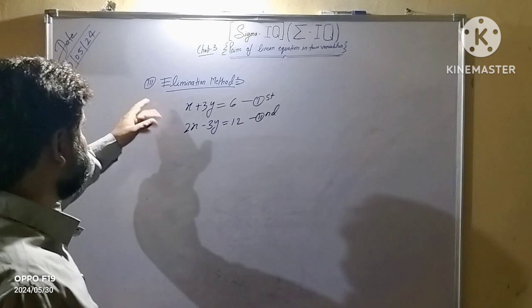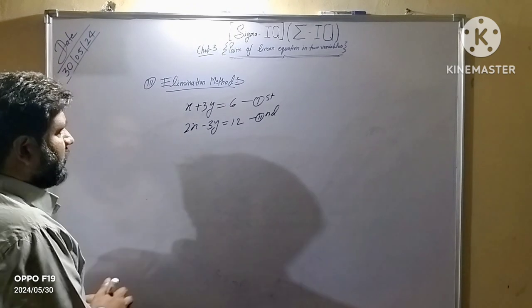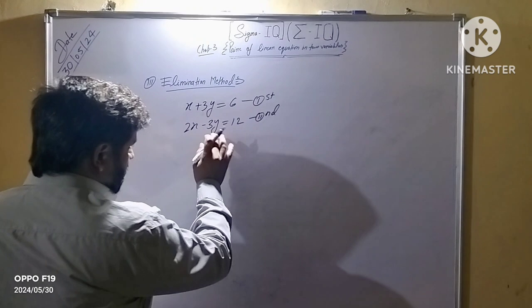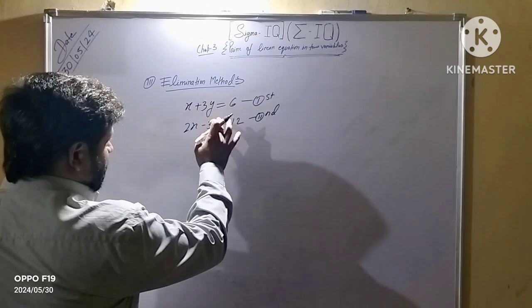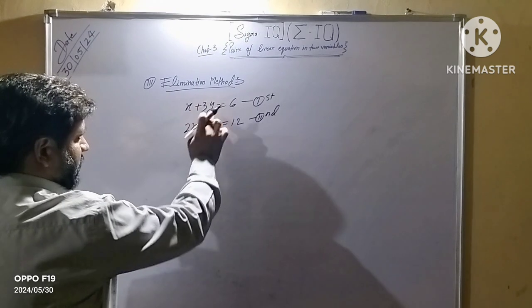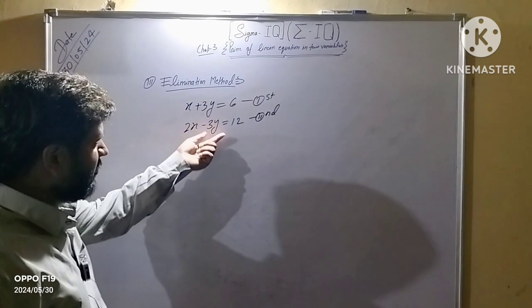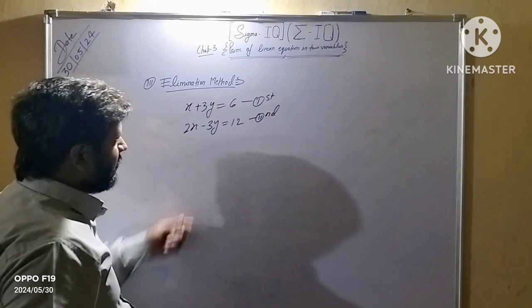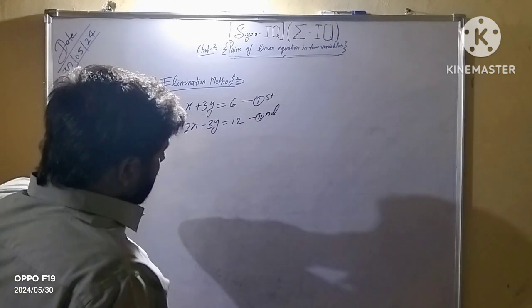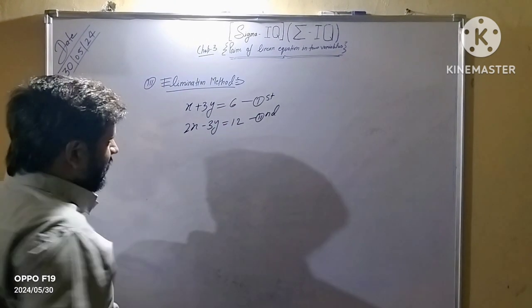Method. The last method is the elimination method. In this method, we have to eliminate one variable term. Like in equation number first, 3y. In equation number second, minus 3y. After adding both equations, we can easily remove or eliminate the terms of y.